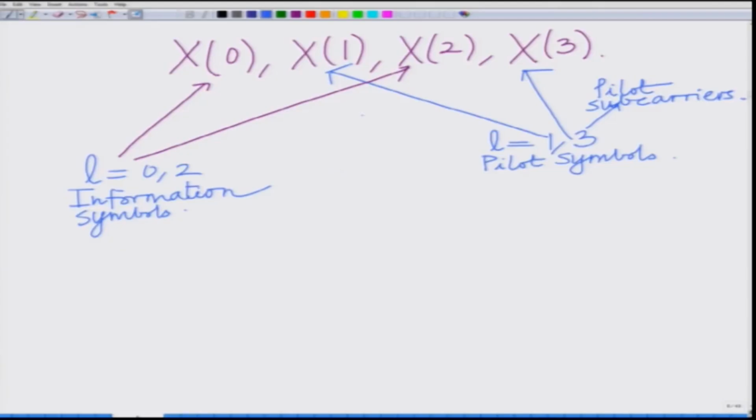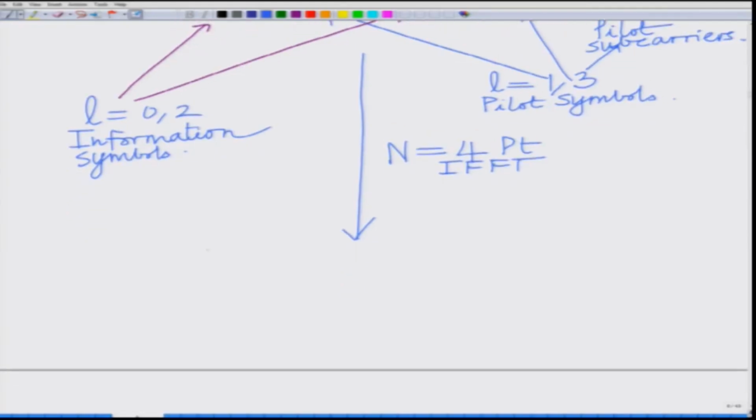So now we do the N equal to 4 point IFFT to generate the samples.